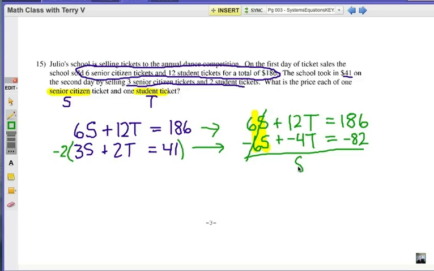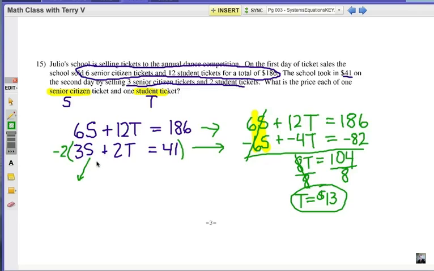Now we have 8T equals 104. So T would be $13 each teenage or student ticket, $13. All right, let's substitute it into one of our equations, and let's choose this second one here. It looks like the numbers are smaller. So 3S plus 2T, but T is $13, right?